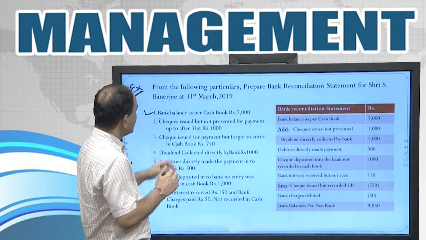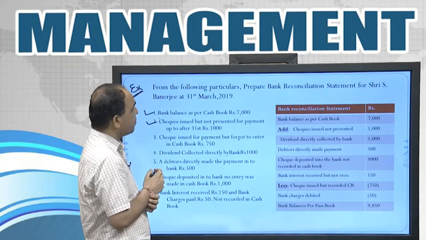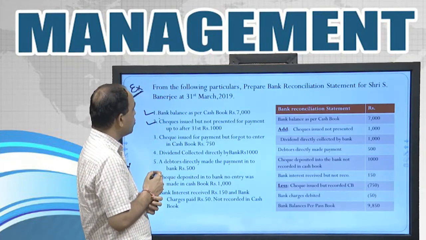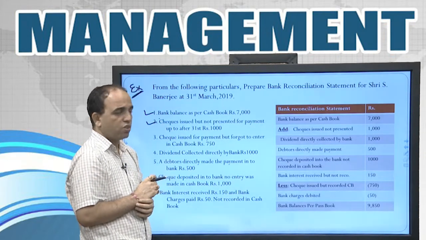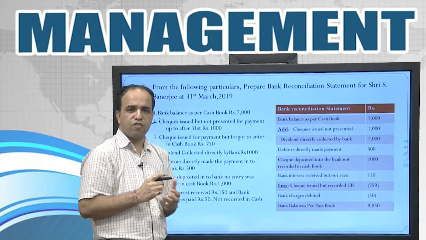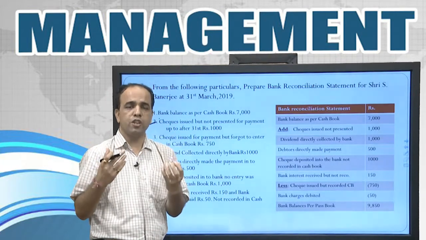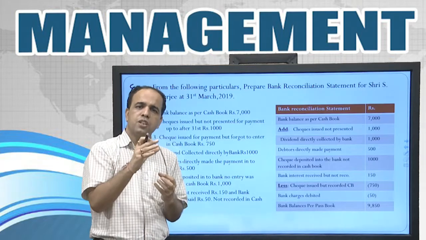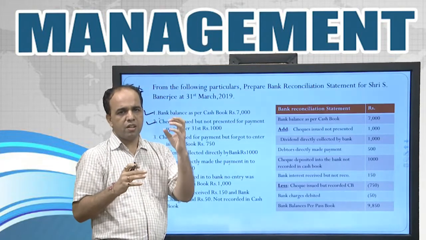Then number 2, checks issued but not presented for payment up to after 31st, rupees 1,000. When a check is issued, we immediately reduce the bank amount in our cash book.